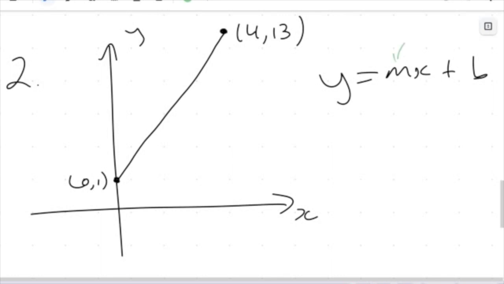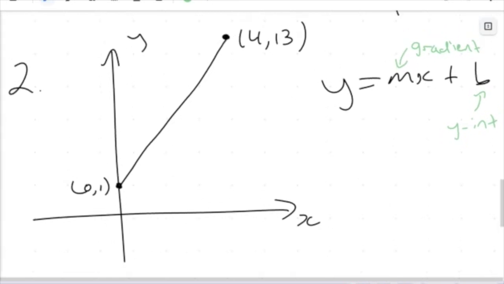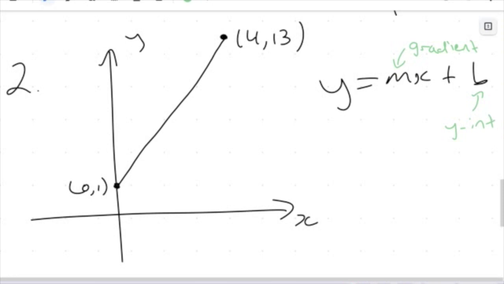What these essentially are: the gradient is m, we talked about that before, and the b is the y-intercept. So where the line crosses the y-axis, where it touches it for the first and only time with a line. Now, okay, I want to find my gradient first, and then my y-intercept, and then just substitute each of those into my formula up here.